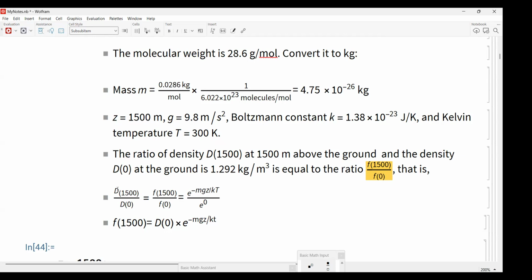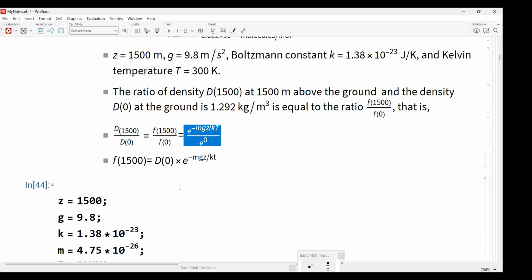So the density at the height of 1,500 from the ground over the density at the ground is equal to the distribution function at the height of 1,500 meters over the distribution function on the ground. So we substitute here using the Boltzmann distribution functions.